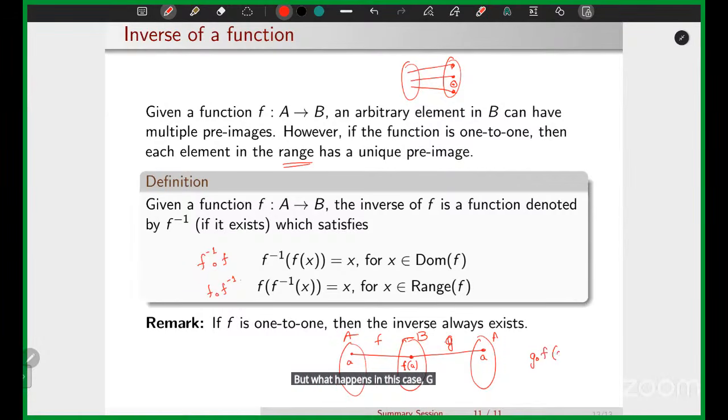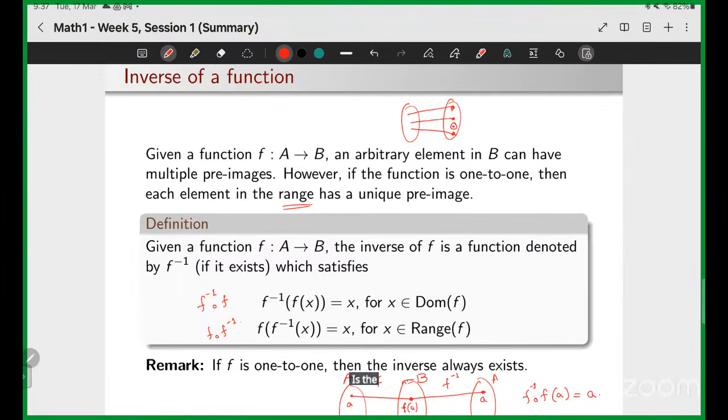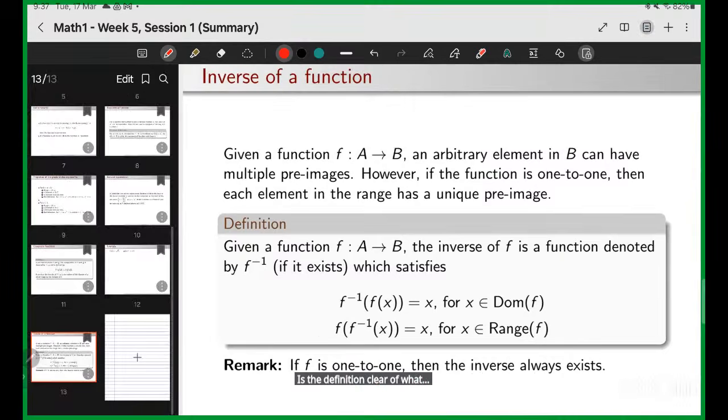G of F of A is equal to A. So this G is what we call the F inverse. So if F takes A to F of A, then F inverse will take F of A to A. So it is just that it maps to its pre-image, and that pre-image is unique if we assume that the function is 1-1. Is the definition clear of what the inverse is?